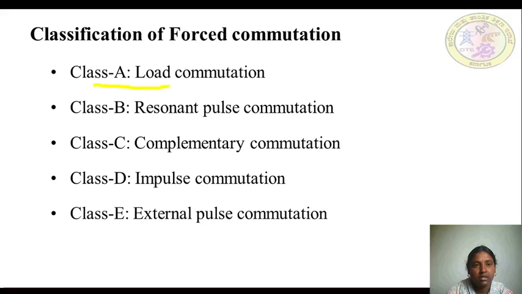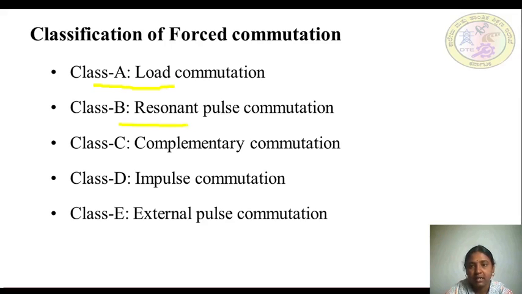Now we will classify the forced commutation techniques or methods which are used. The first is class A or load commutation. The voltage developed across the load is used to turn off the SCR, hence the name load commutation. The second one is resonant pulse commutation or class B commutation.